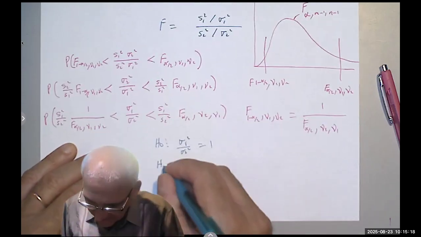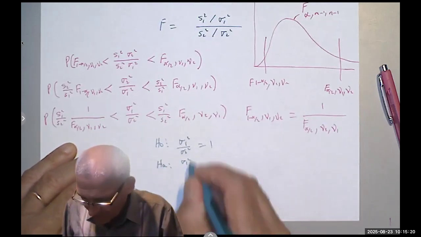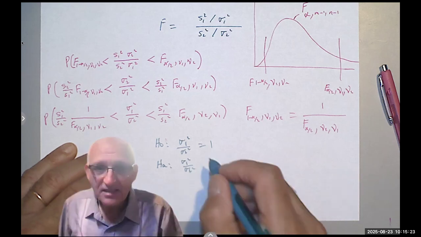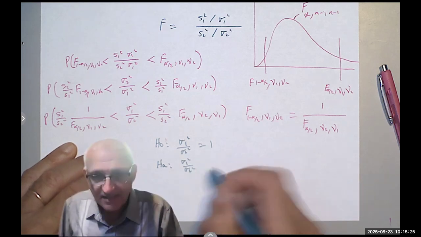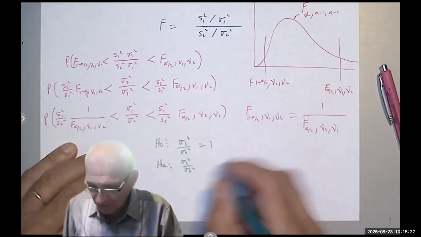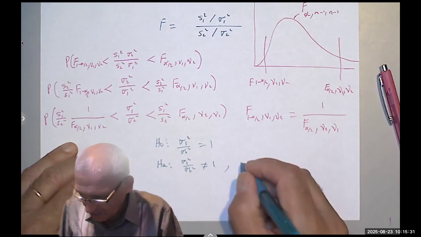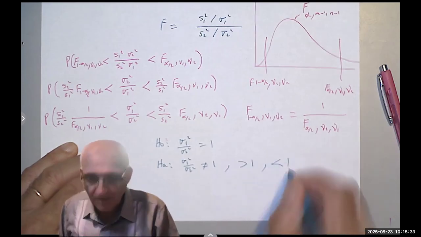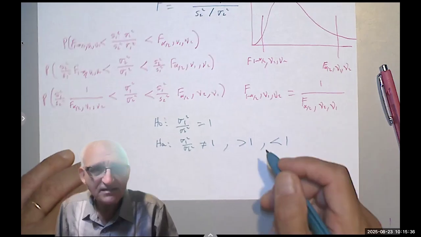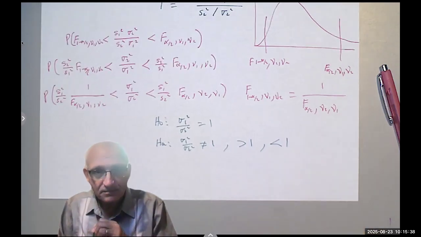And then the alternative can be sigma 1 square over sigma 2 square doesn't equal 1, or is less than 1, or greater than 1, depending on the case. Alpha is 5%. I would reject.